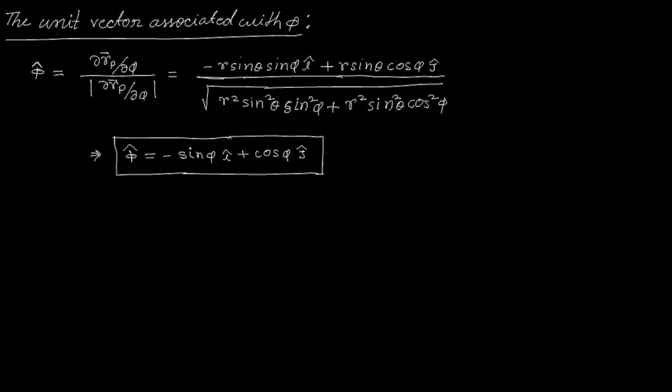But I believe that when you solve problems in electrostatics or electrodynamics, you should sometimes visualize the directions of r cap, theta cap, phi cap in a figure. If you understand which direction r cap represents, which direction theta cap represents, and which direction phi cap represents, then sometimes it will be very easy to solve the problem.